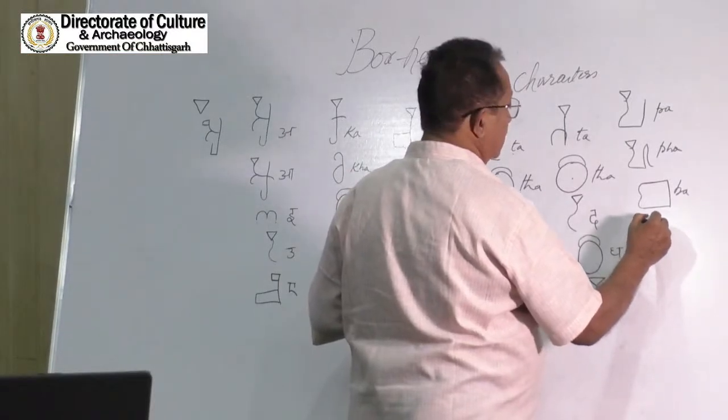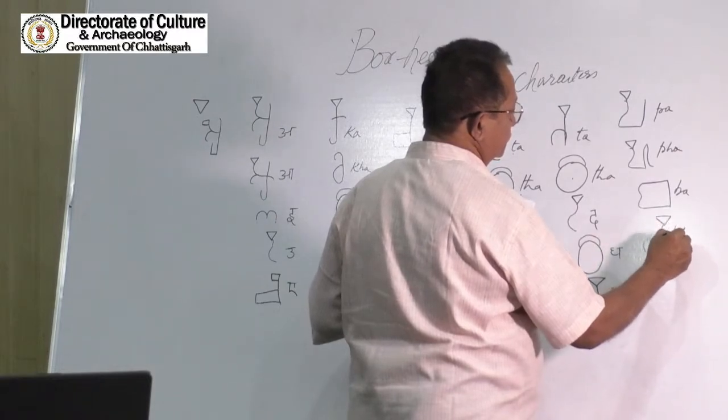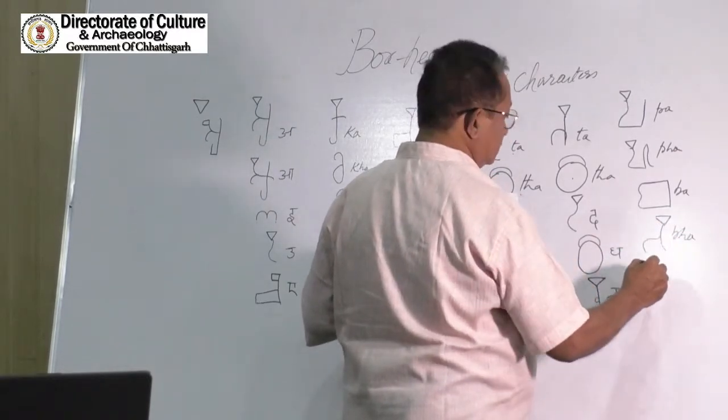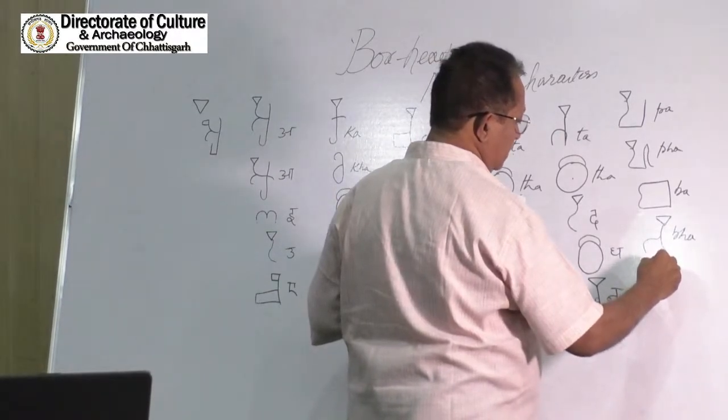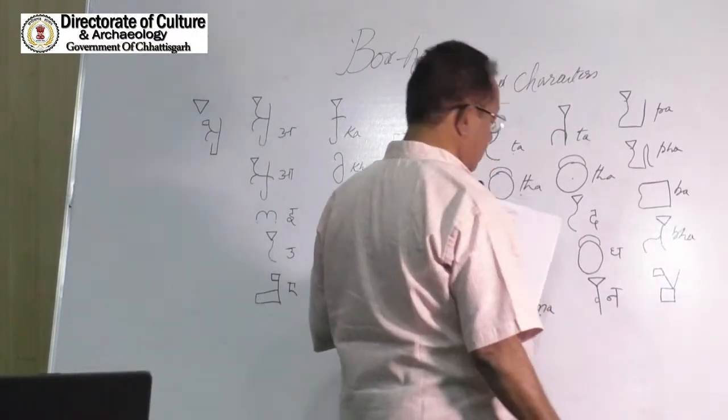Again, it's not exactly a vertical straight stroke, a little curve will be there, and then you attach a stroke. This is Bha, and on the top of it you are going to append the head mark. Ma, as I told yesterday, first write a V and then attach a box. You don't have a nail head on Ma, but they retain the box.